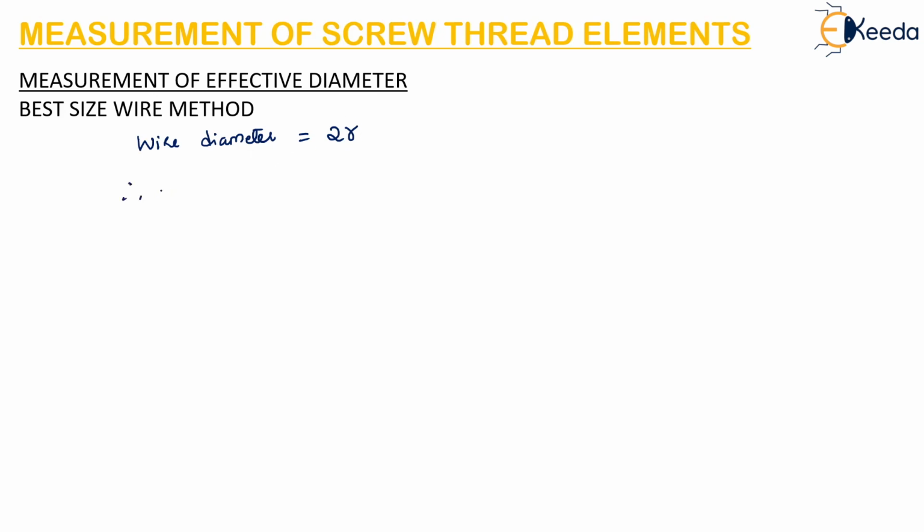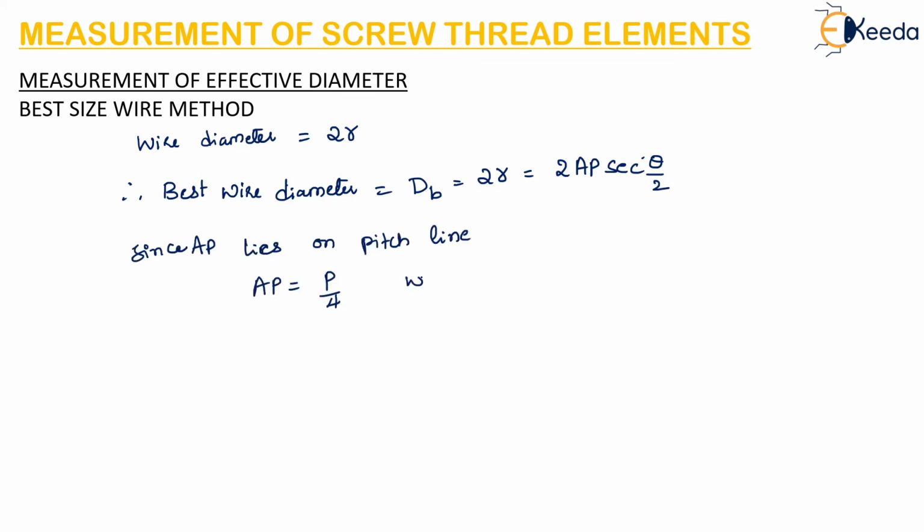So the best wire diameter is 2r, that is 2 AP sec of theta by 2. Because AP lies on the pitch line, we can write AP as P by 4, where P is the pitch of the thread.